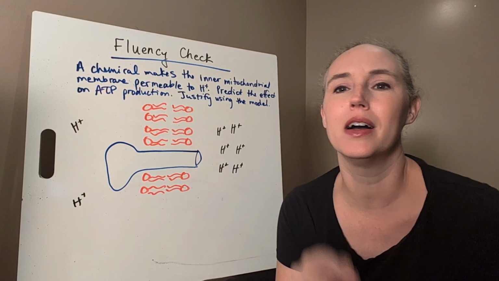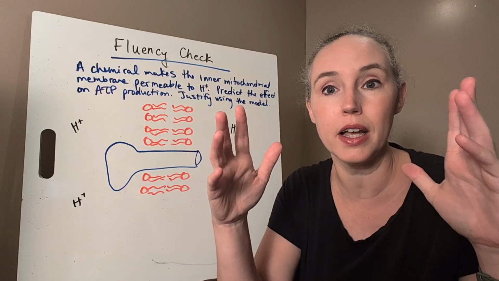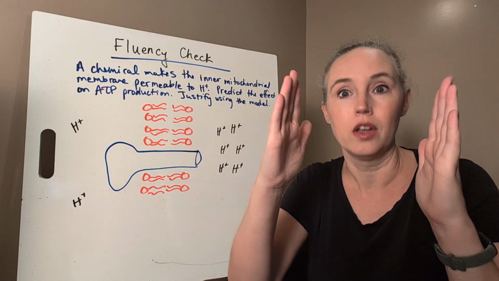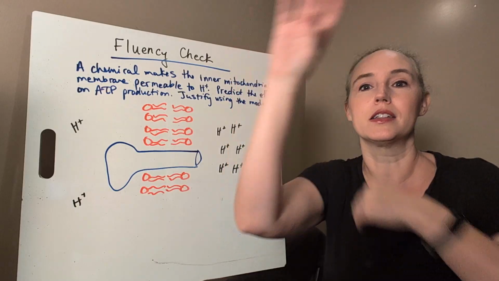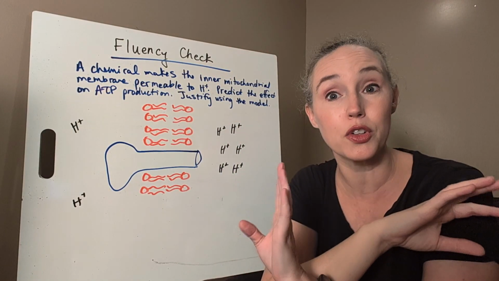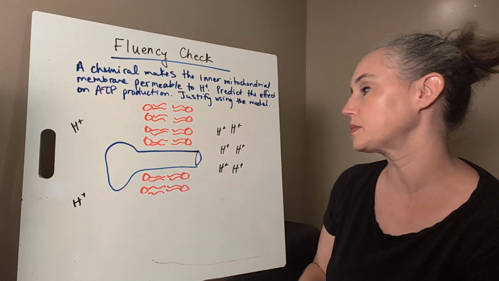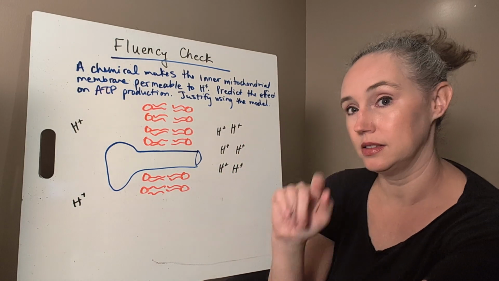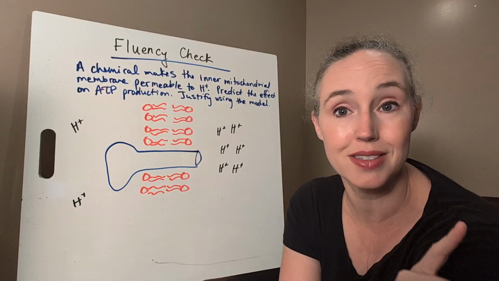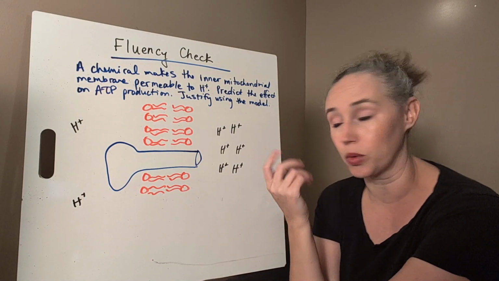And AP Bio loves to take a regular picture that they know every single textbook has, with the high at the top and the low at the bottom, and turn it some other direction and see if you can still use it to explain what's happening. But this question asks not how does ATP synthase work.